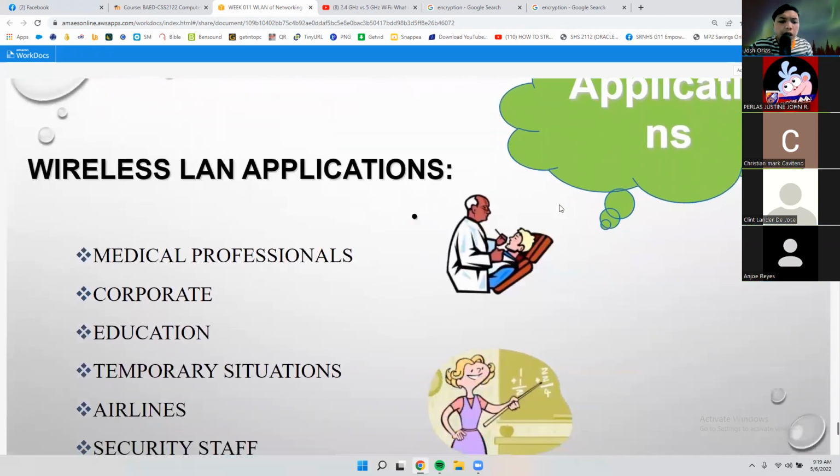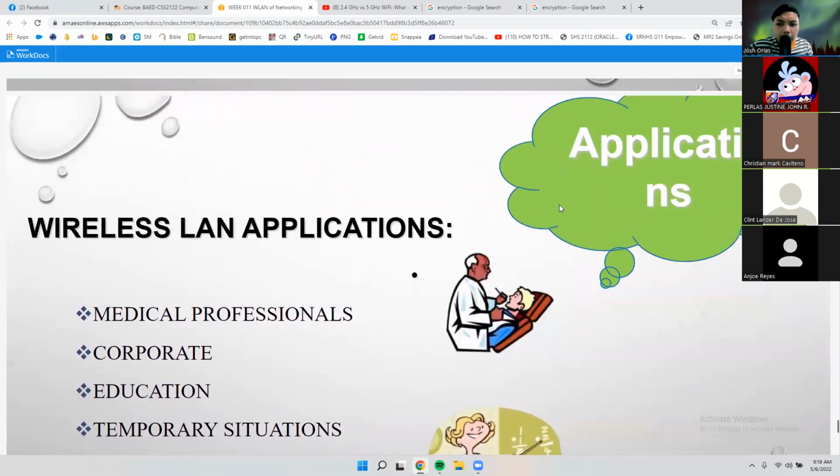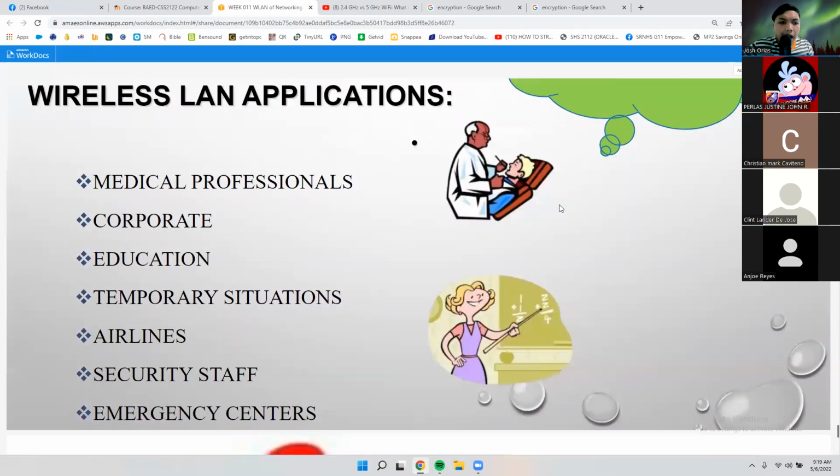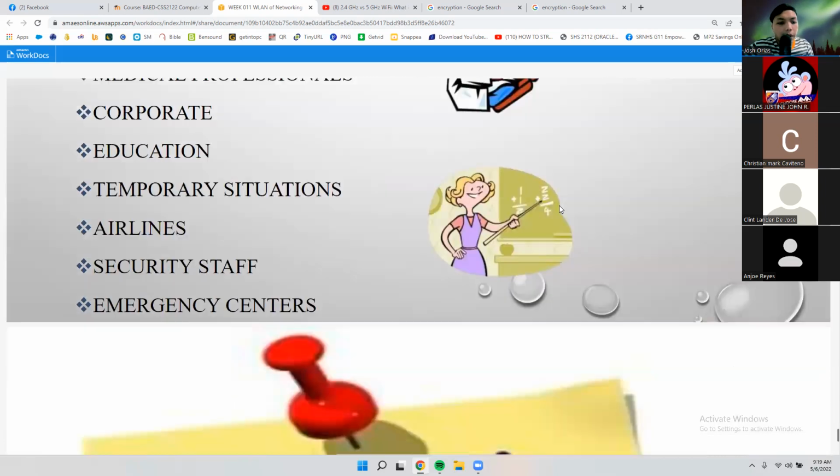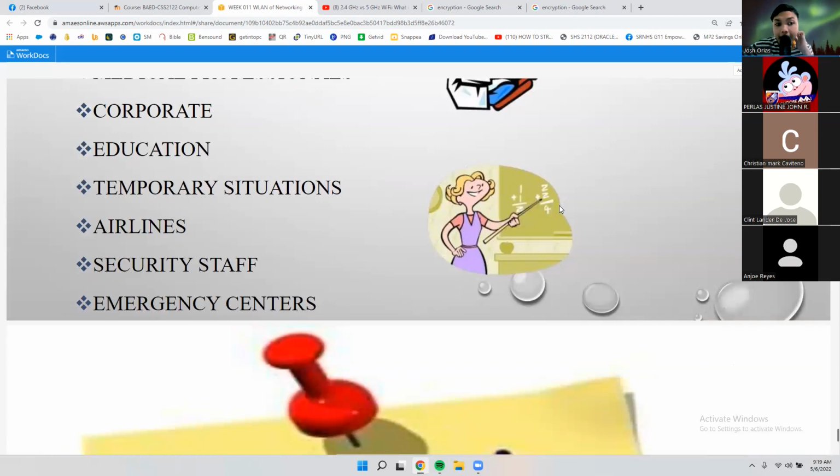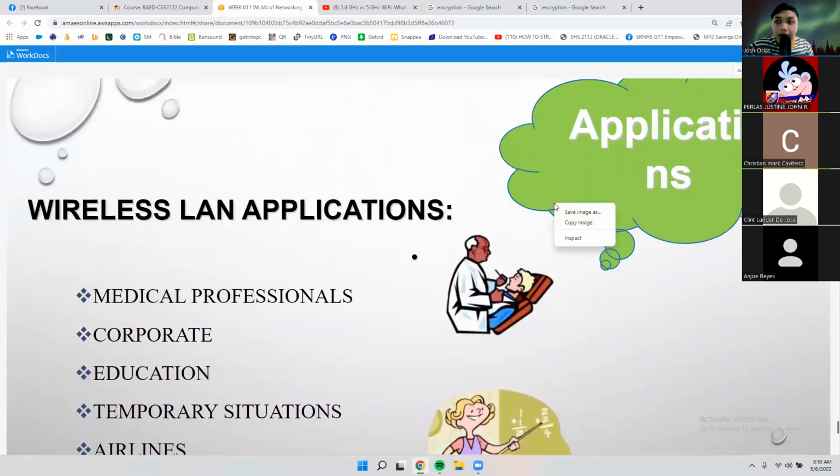So, applications. Saan ba ginagamit tong application natin? So, number 1, mga medical professionals, mga hospital, sa offices, sa pag-aaral po natin. So, temporary situations, airlines, yan. Security staff, emergency centers, siyempre sa mga entertainment, sa mga malls. So, kahit saan po, applicable na yung wireless LAN applications.